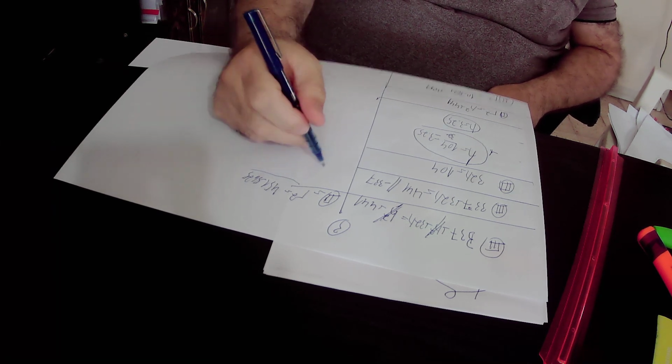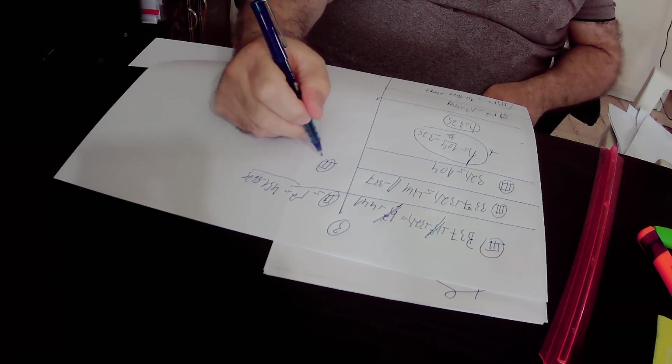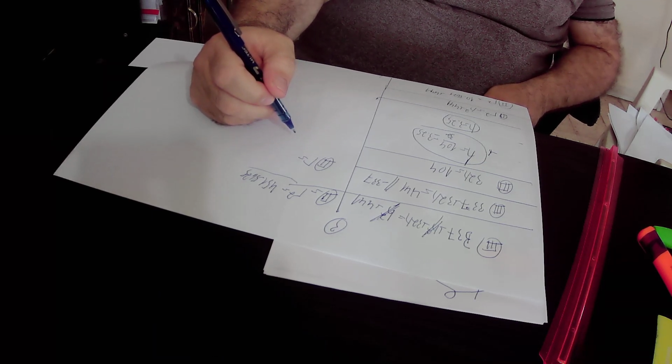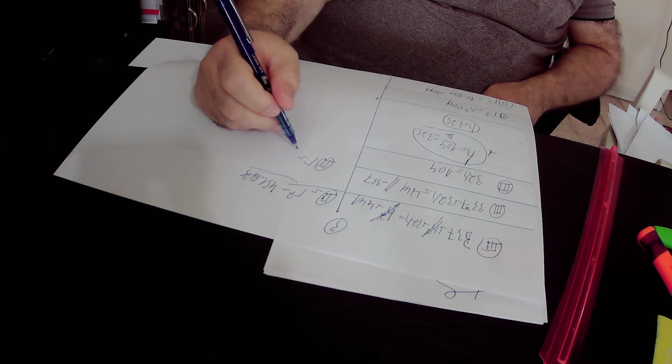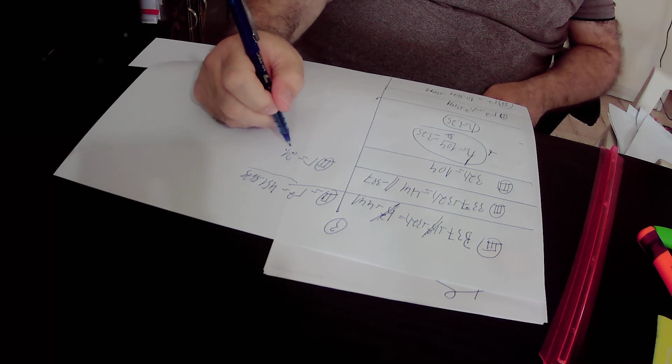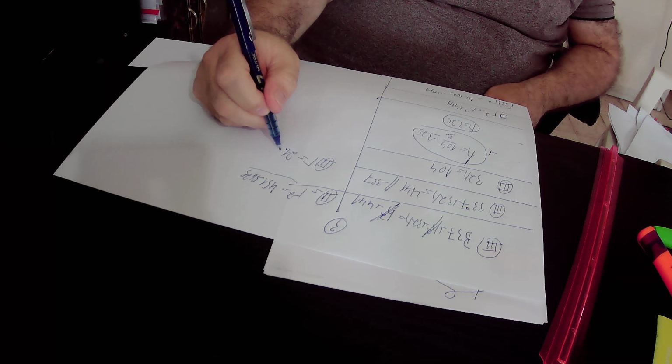Here we take the root of this equation, equation number 2, and we get that R equals the square root of 451.5625. It is equal to 21.25 units.